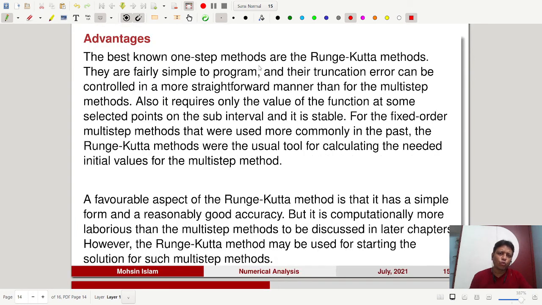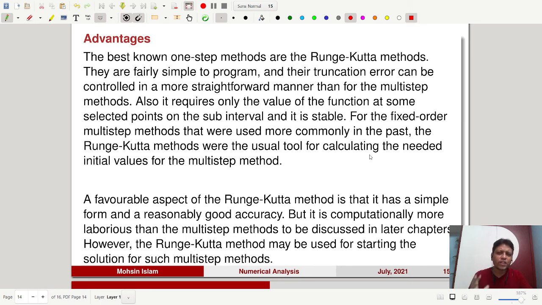The best known one-step methods are the Runge-Kutta methods. They are fairly simple to program. You can easily program the method, and their truncation error can be controlled in a more straightforward manner than for the multi-step methods. So that is the big advantage of the Runge-Kutta methods.